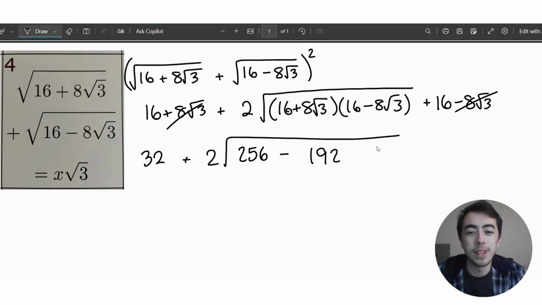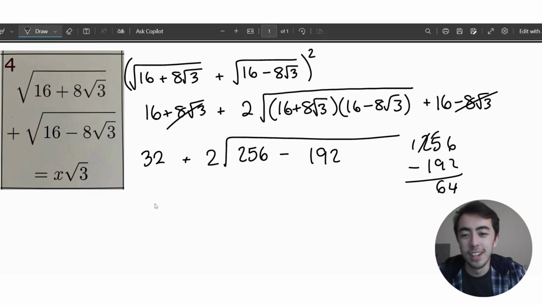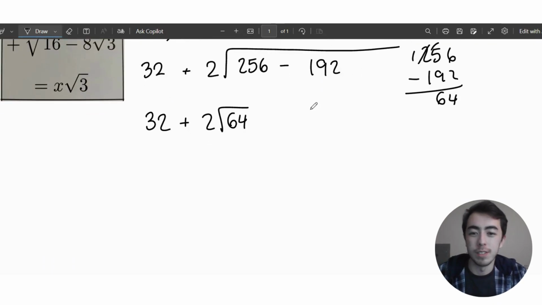And I'm really hoping that this square root simplifies nicely. Let's see. 256 minus 192, just some subtraction here, borrow that. 15 minus 9 is 6. 1 minus 1 is 0. Nice. Okay, good. So I get 32 plus 2 times root 64. Root 64, what times what is 64?